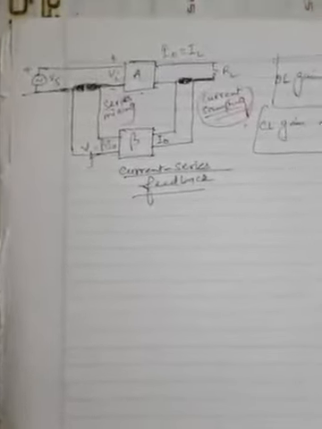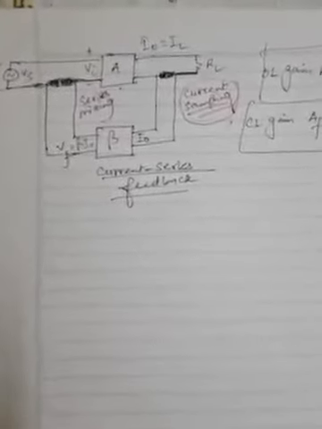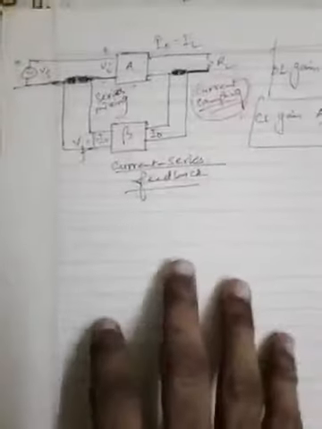Okay. Now in all these configurations, the signal direction through the internal basic amplifier is from input to output, and on the other hand, in the ideal case, the signal direction through the feedback circuit is opposite to the direction of the basic amplifier, that is from output to input.